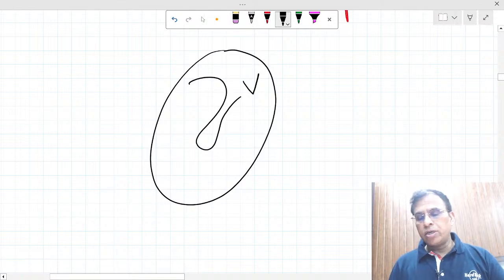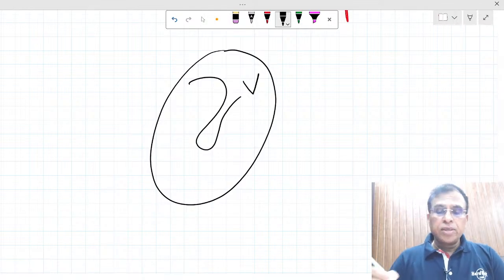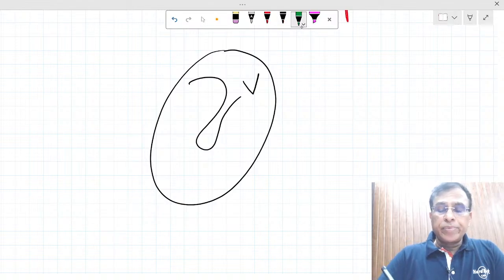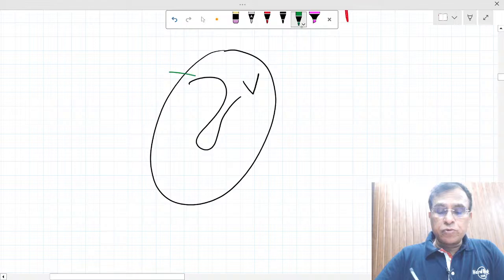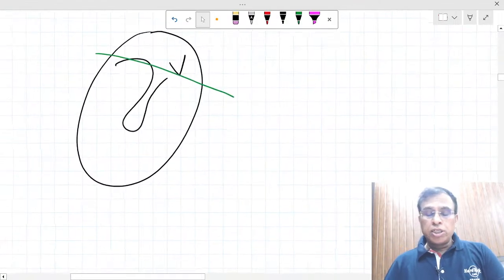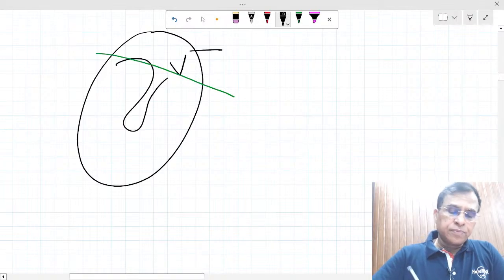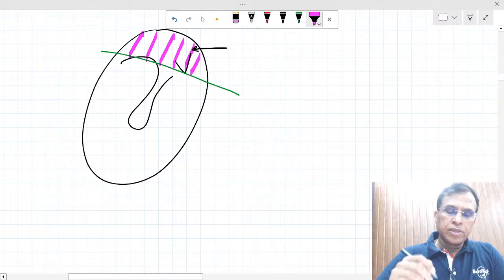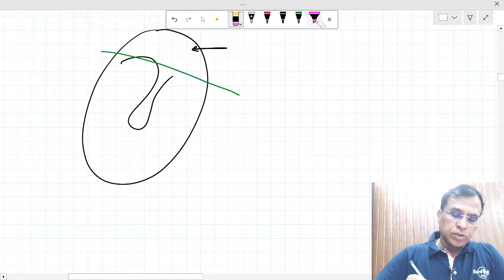The outer boundary is called the annulus. Now if I divide this tympanic membrane at the level of the lateral process, which is here, then this line divides the tympanic membrane into a smaller upper part, this area, and a larger lower part, this area.